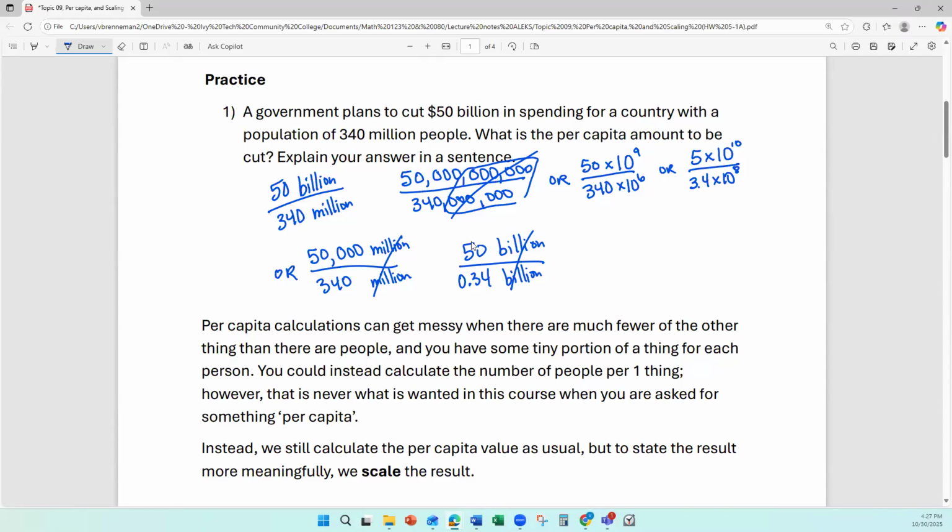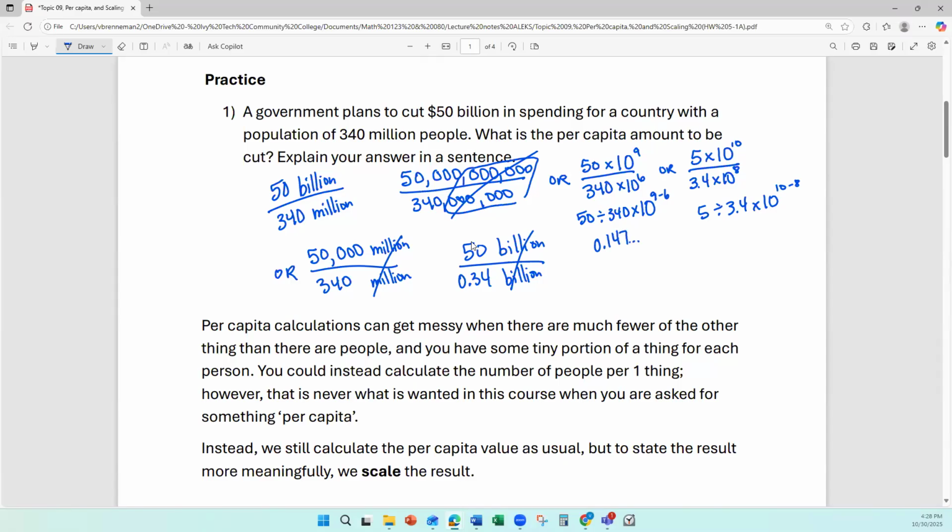If you did it, this would be 50 divided by 340, and it would be times 10 to the 9 minus 6. So you get something times 10 to the 3rd, and then you'd adjust accordingly. This would be 5 divided by 3.4 times 10 to the 10 minus 8. 50 divided by 340 is 0.147.